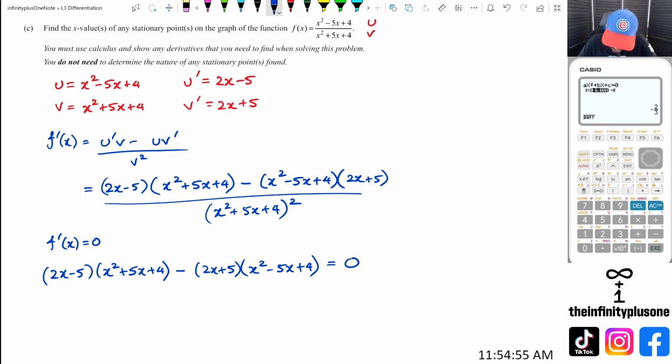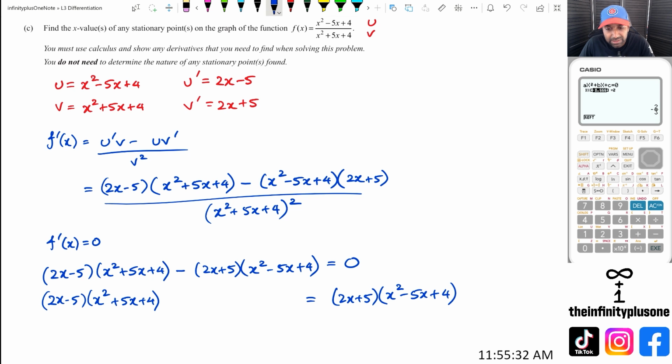Is there any way to not do this? Yeah, I had to think about this, and to be honest, I got up to here because I did this: 2x minus 5 times x squared plus 5x plus 4 is equal to 2x plus 5 times x squared minus 5x plus 4. Now, I thought I could get rid of it by dividing it, but that's not going to work.